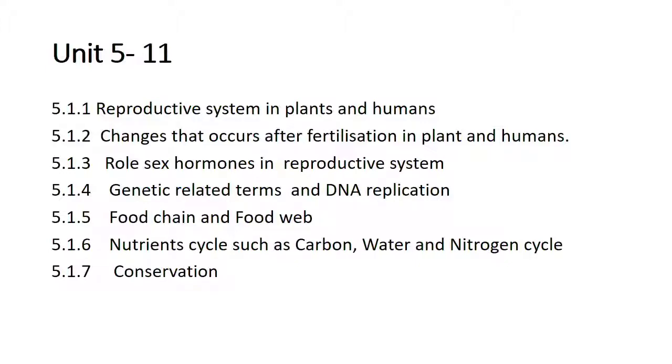Food chain and food web, the nutrient cycles, these are your carbon, water, and nitrogen cycles, as well as your conservation. The process of conservation, as I said earlier: you need to know what is conservation, the meaning of the word conservation, the purpose of conservation. There are quite a lot of papers there.